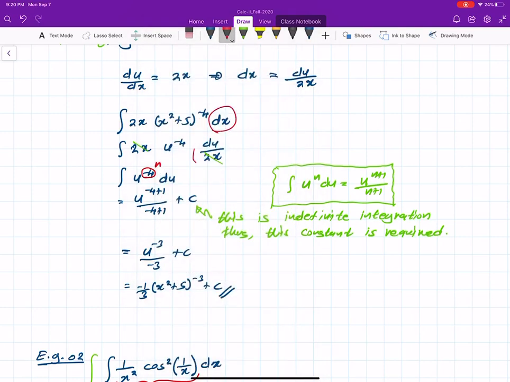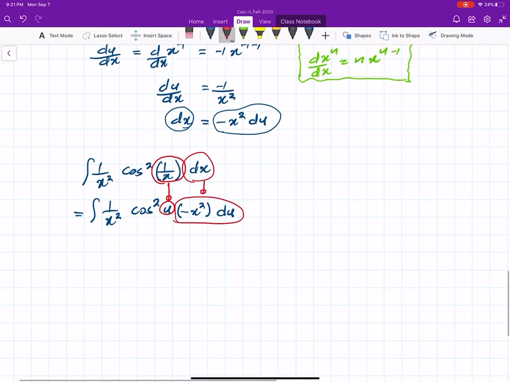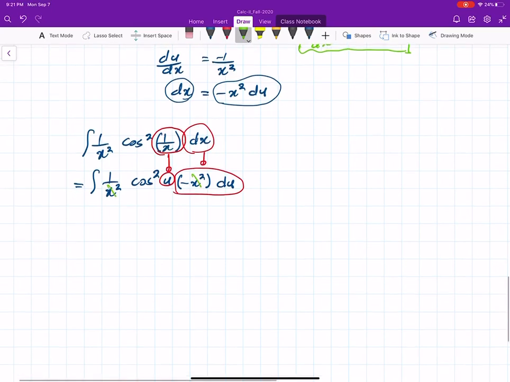This part is gone for that part, and for this part you substitute u. Alright, same thing here. And now I check whether I can cancel some terms. Here I have x square, and here I have x square, so I cancel them.